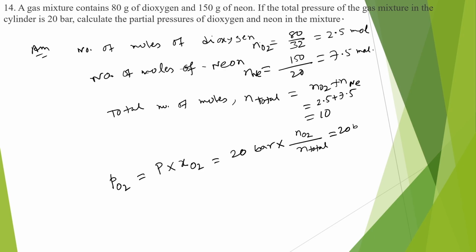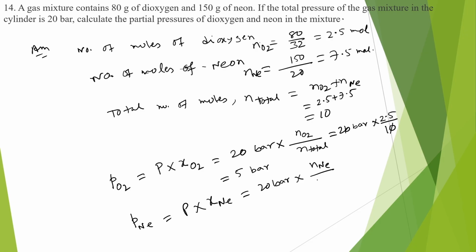So, 20 bar, number of moles of O2 is 2.5 and total number of moles is 10. So, we get 5 bar. And P neon, similarly we can calculate total pressure times mole fraction of neon. So, total pressure is 20 bar and mole fraction of neon is n_Ne by n total.